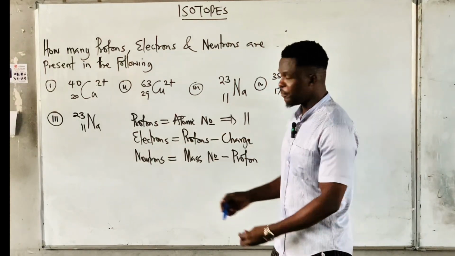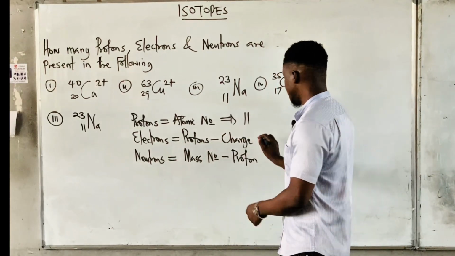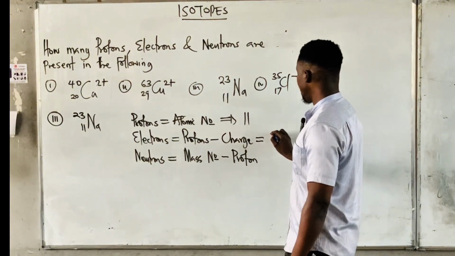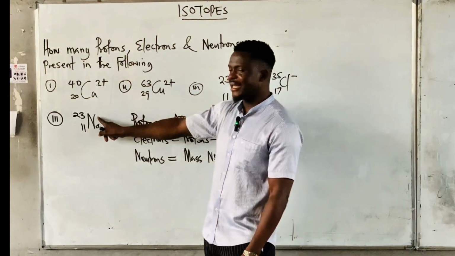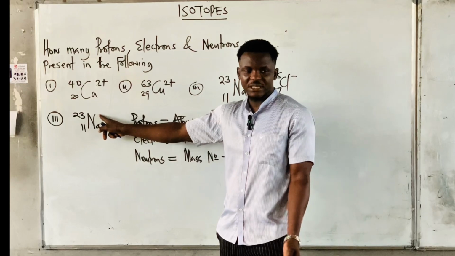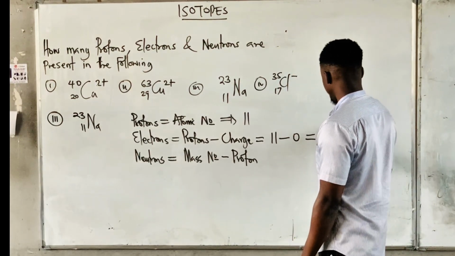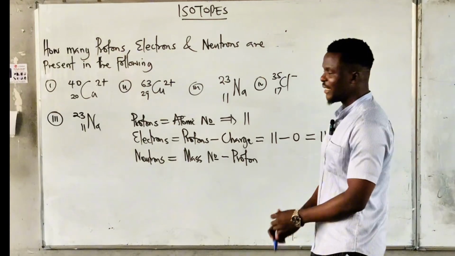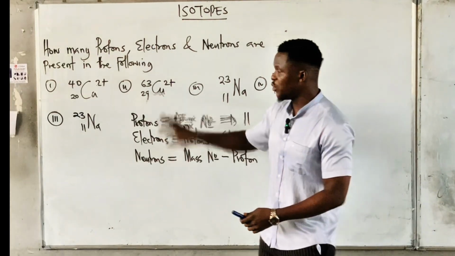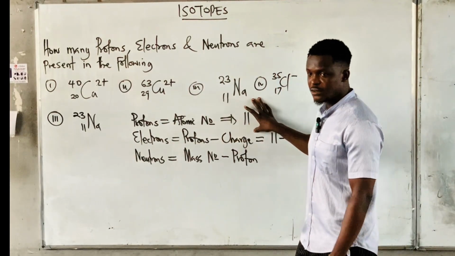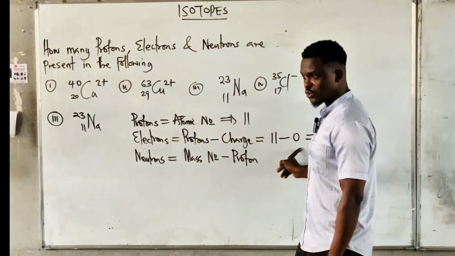Electrons in this compound would be proton minus charge, which is 11 minus. Now look at this guy. Is there any charge here? There is no positive, there is no negative. So this is going to be minus 0, which is equal to what? 11. Now that is why, if you could remember, I said that for a neutral atom, the proton is always equal to the what? Electrons.